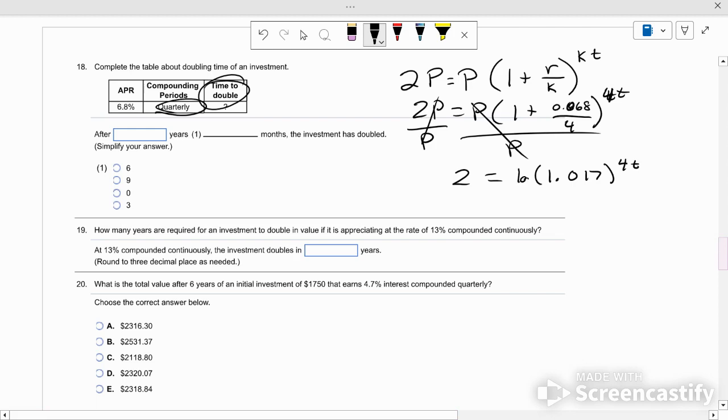So if we log both sides, that 4t comes out front. So to get t alone, we divide by 4 log 1.017.